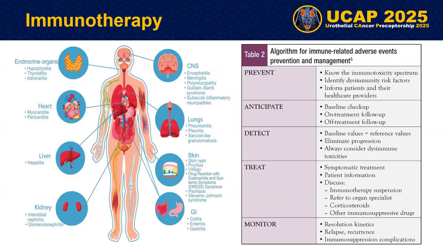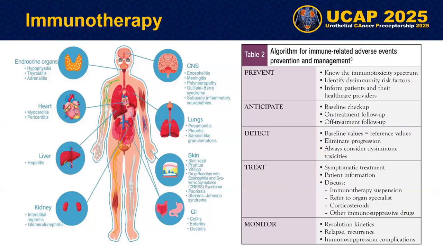So I like this table on your right because it actually is a good way to treat or mainly prevent and also manage irAEs. First, prevention. For patients who have autoimmune conditions, for example, SLE, immunotherapy should be used with caution. Next, we should anticipate what will happen.